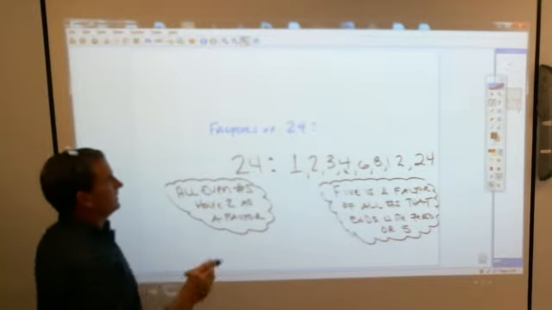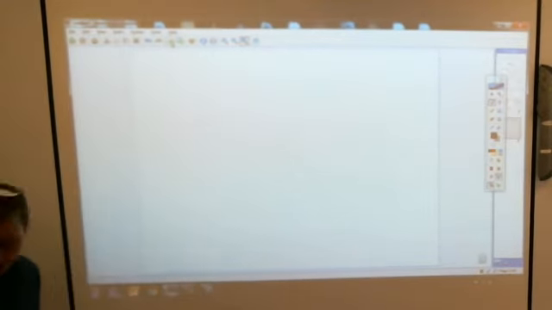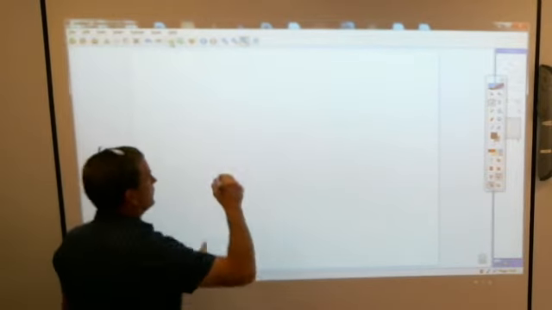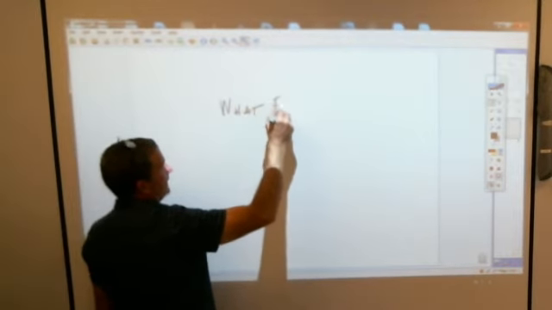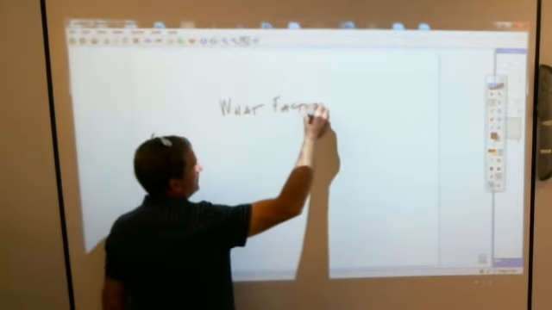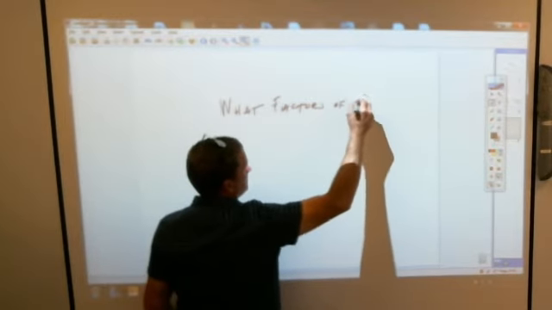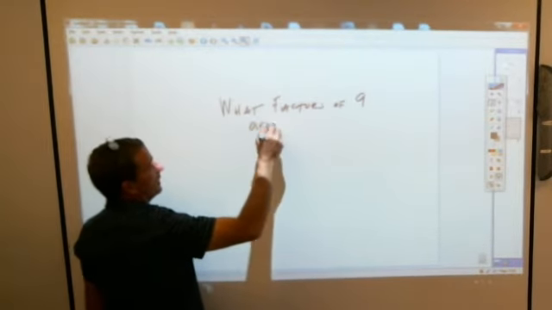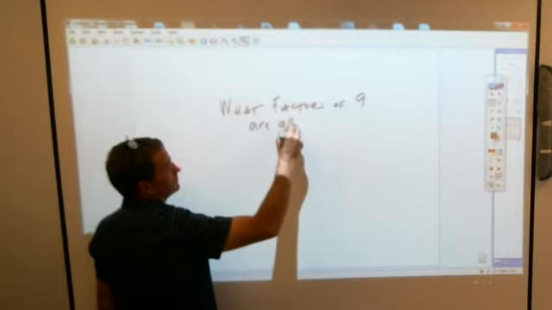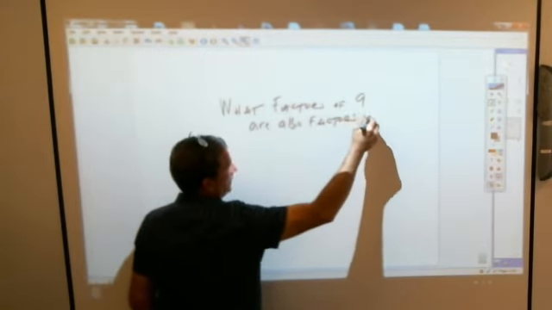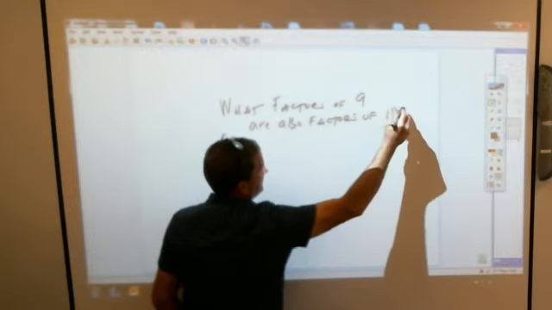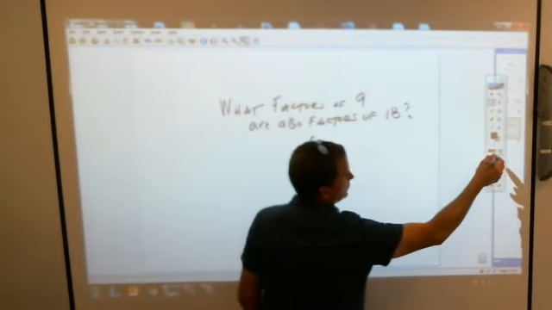And then one last thing, the book always likes to challenge bright, young, 5th grade minds. Here is a question for you. What factors of 9 are also factors of 18?